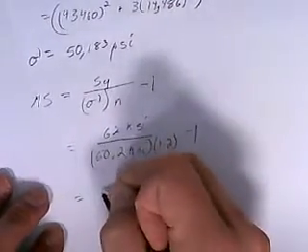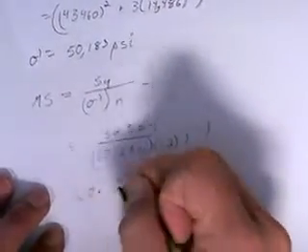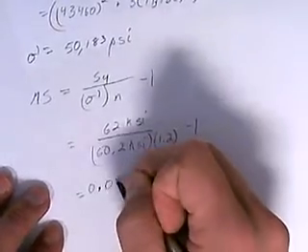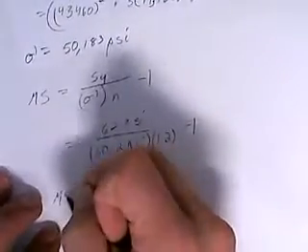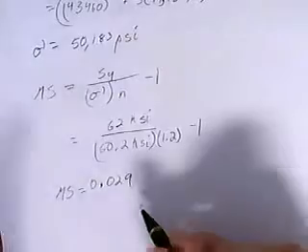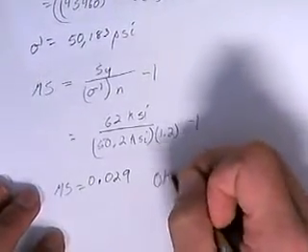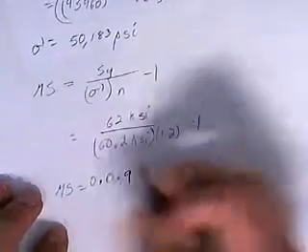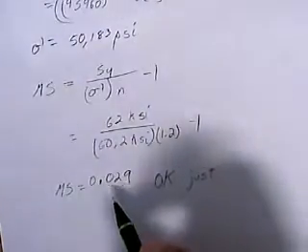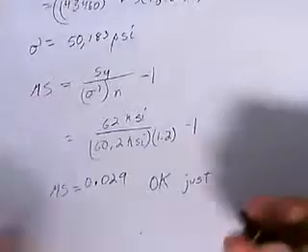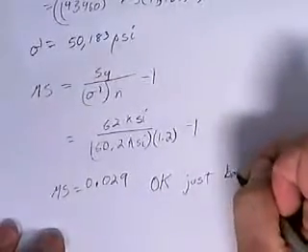And you end up with a margin of safety of 0.029, which is positive, so it shouldn't fail, but it's very close. So it's okay, but just barely. You usually want margin of safety of about 0.5 or better if you're doing real engineering. So just barely okay.